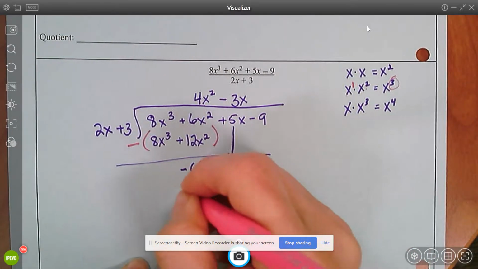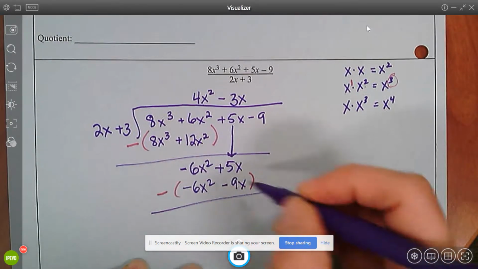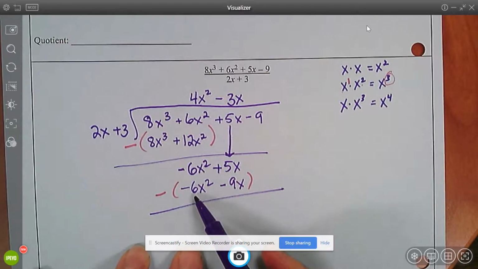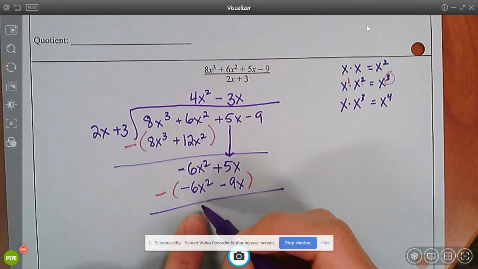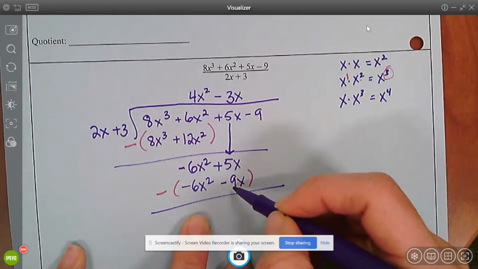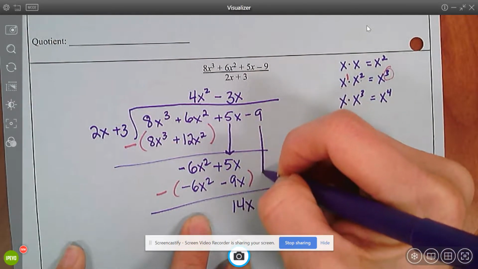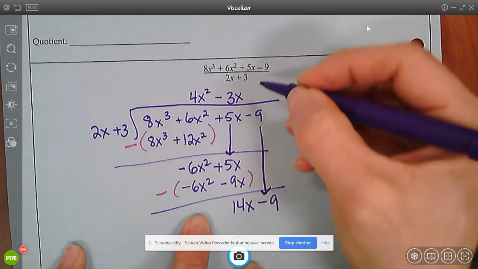And I'm going to subtract all of this. So remember, if you have minus a negative, it becomes a positive, or you could actually put it in the calculator this way. This negative 6 minus negative 6 becomes a 0. And then we have 5x minus negative 9, and that is 14x. We're going to bring down this negative 9 and go through the process again.